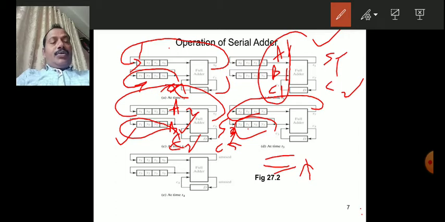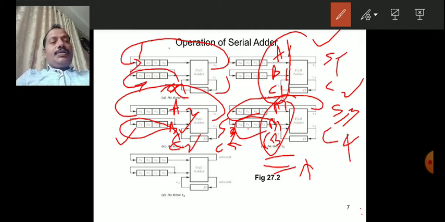And once this rotation is done, at the input side C3 is available, A3 and B3 are available. So these 3 bits are added by the full adder and it produces S3 and C4.